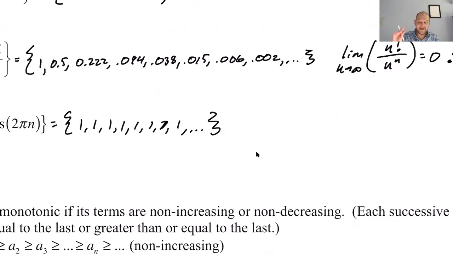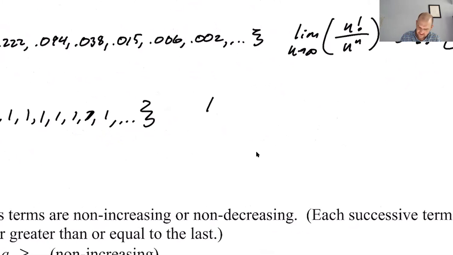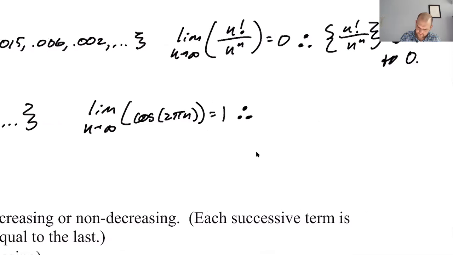In my head, out loud, I was counting. It's like 1, 2, 3, 4, 5, 6, 7. I tried to make a 7 instead of writing the 7th one. I don't know, brains, what good are they? The limit as n approaches infinity of cosine of 2 pi n equals 1. Therefore, the sequence, which is just all the terms that can get spit out of this thing, converges to 1. And we got it.